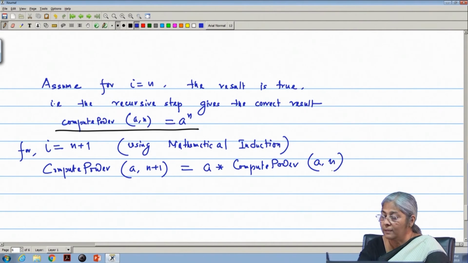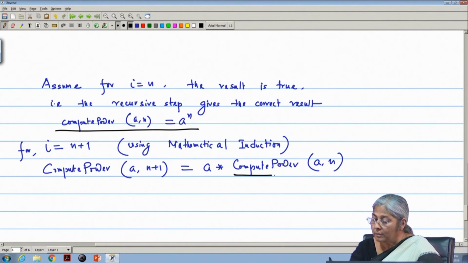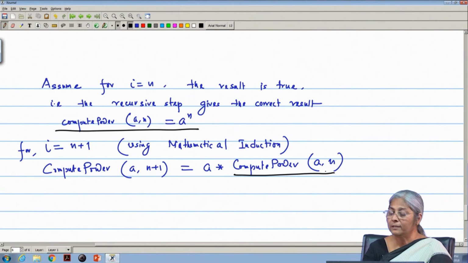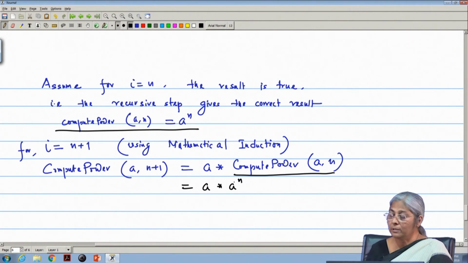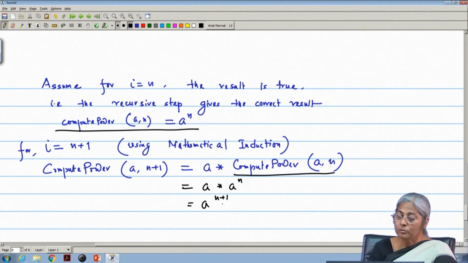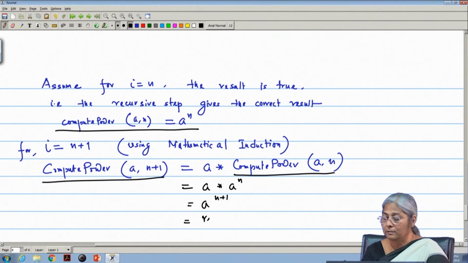Now, using my mathematical induction, this is equal to a to the power n, since the result we have assumed is true. So, this becomes a into a to the power n, and this becomes a to the power n plus 1. So, compute power(a, n plus 1) is also a to the power n plus 1, and this result is correct.